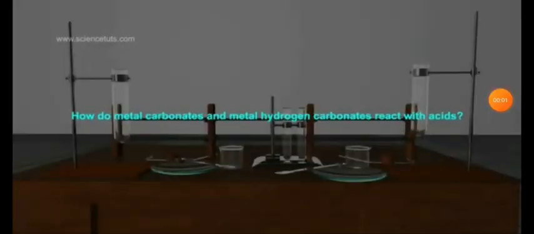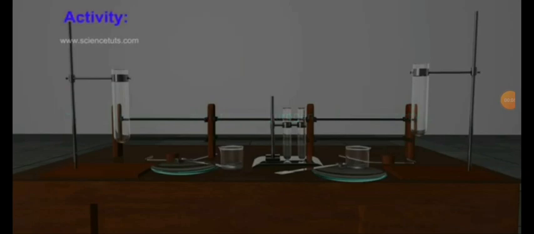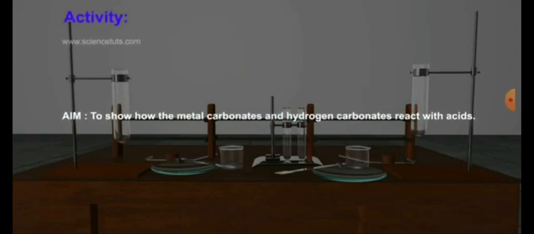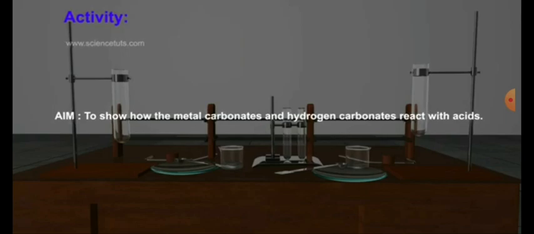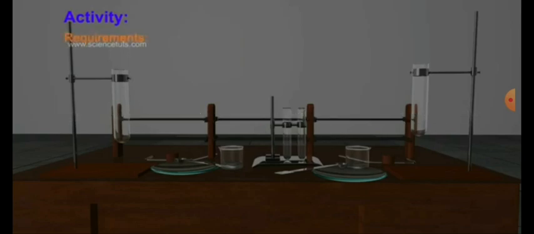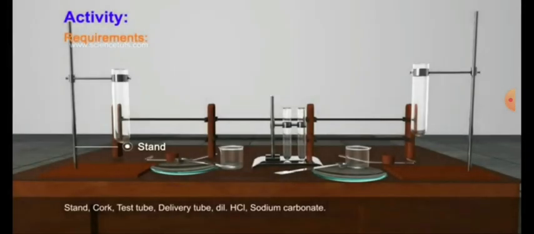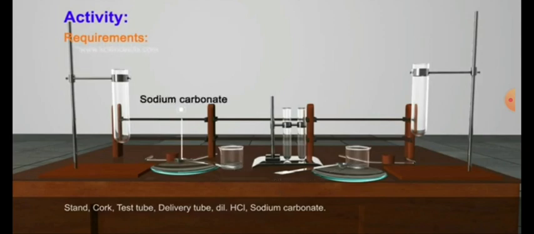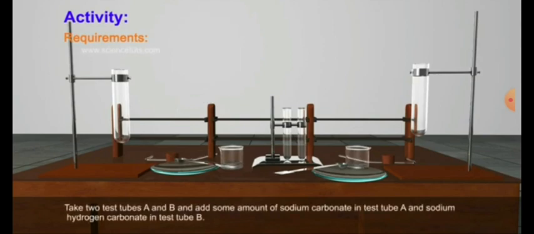Let us study the reaction of metal carbonates and metal hydrogen carbonates with acids. Let us conduct an activity to understand this. The materials required for this: stand, cork, test tube, delivery tube, dilute hydrochloric acid, sodium carbonate and sodium bicarbonate.